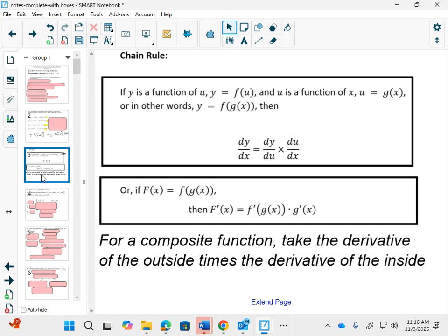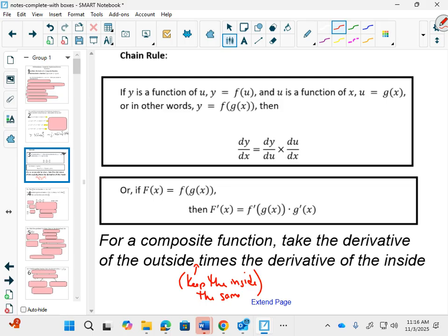The chain rule is written like this. So what you do is you do the derivative of the outside function, keeping the inside the same, multiplied by the derivative of the inside function.